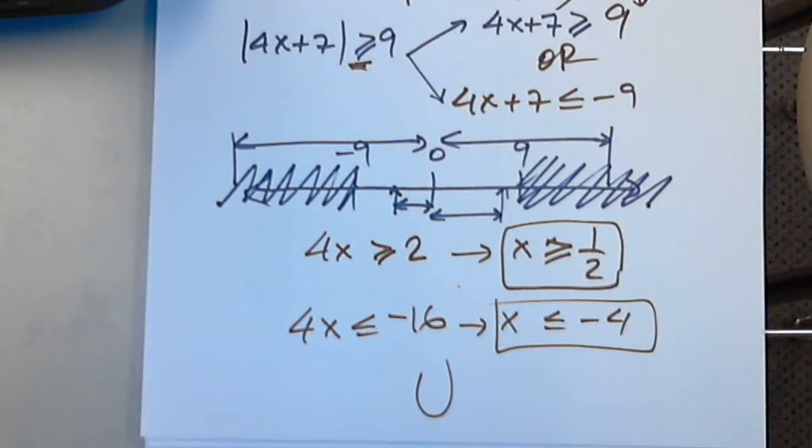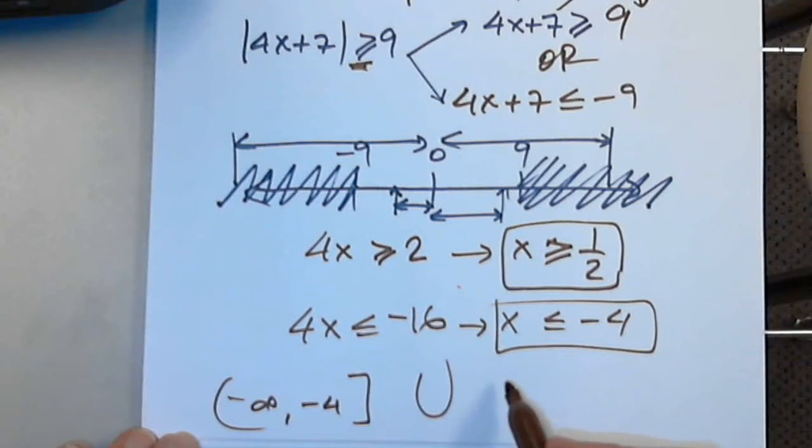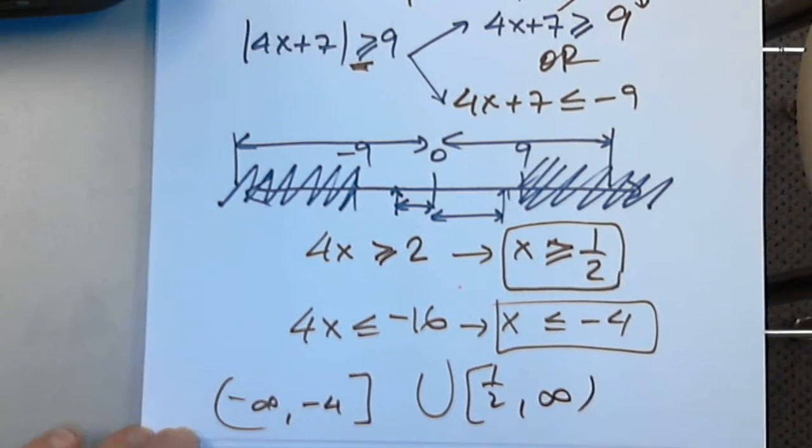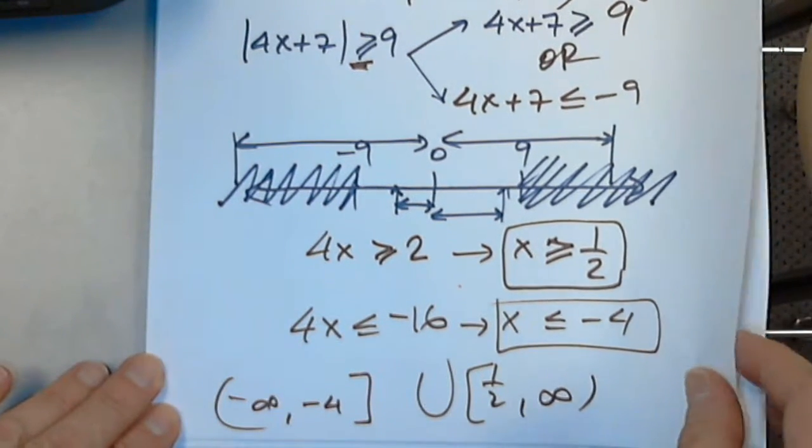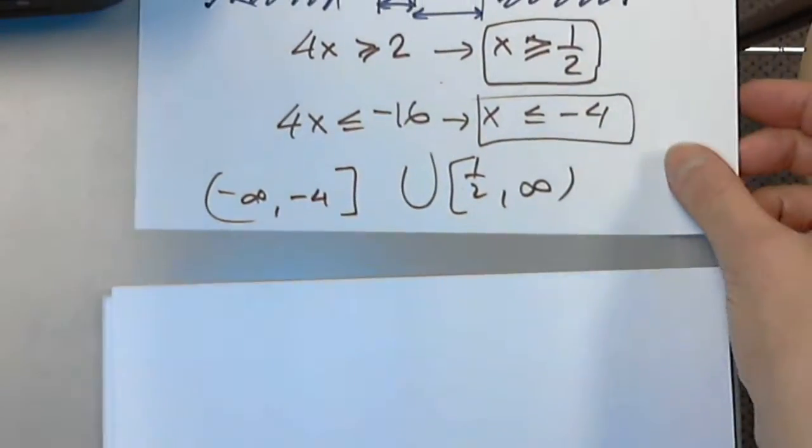Negative infinity to negative 4 union 1/2 to infinity. Indeed. Any questions?